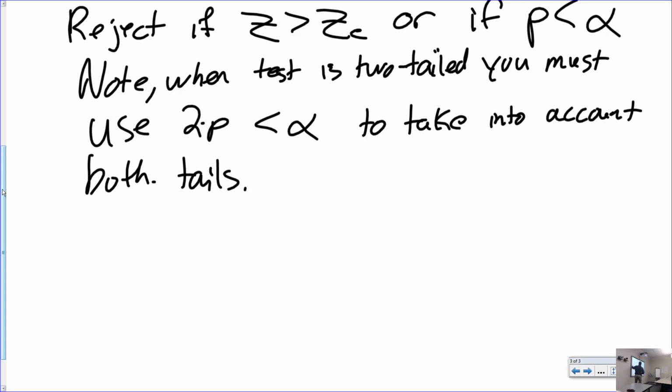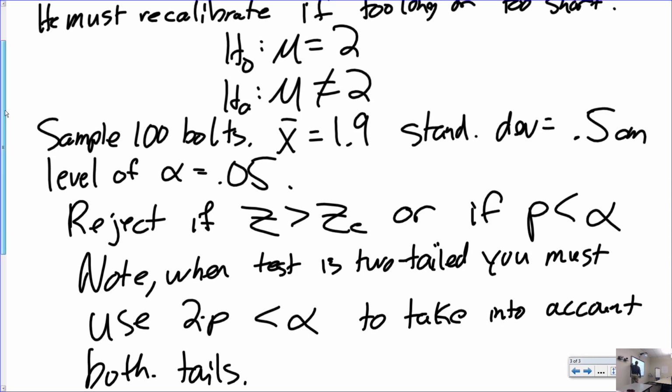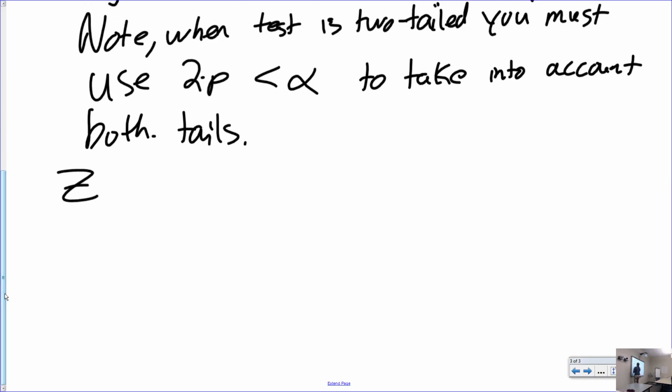All right, so let's look at it from both sides. Let's look at it from the Z critical side and from the P and alpha side, okay? So theoretically, folks, what is our Z critical value if we wanted to work with this?